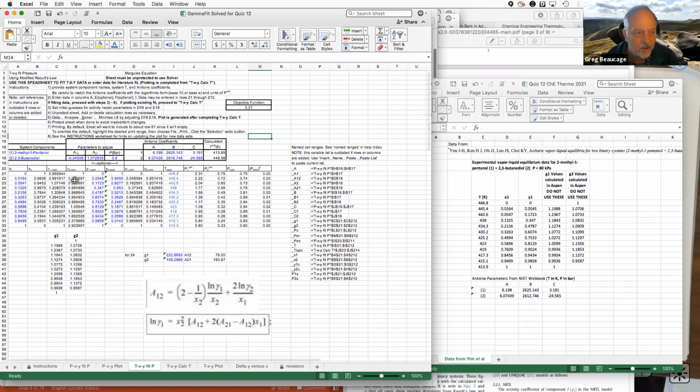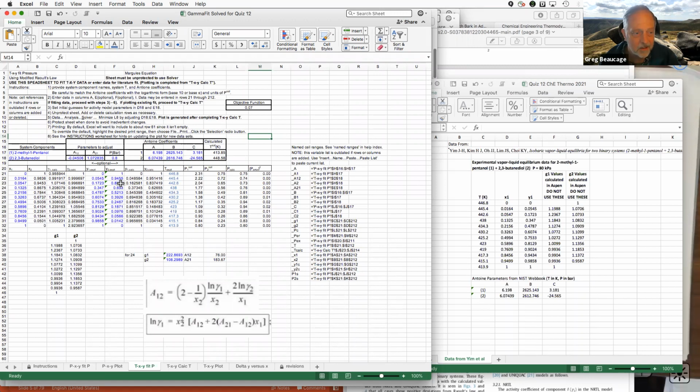So you input X, input Y, input the T experimental that he measured for the equilibria at this pressure, 0.8 bar. So they're changing the composition. They're getting this equilibrium temperature at this pressure. They raise the temperature till they see a vapor forms. Then they log all the composition of the vapor and the liquid and the temperature.